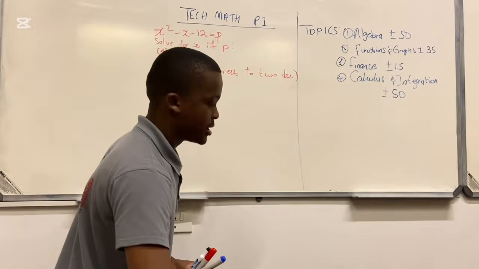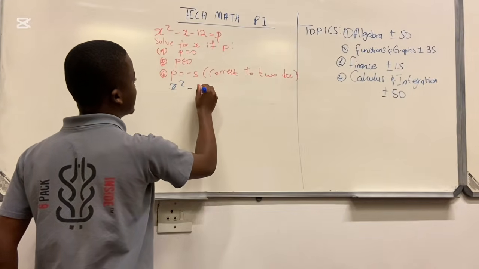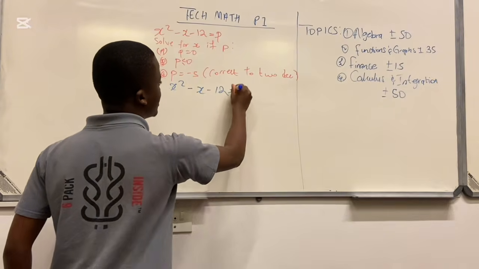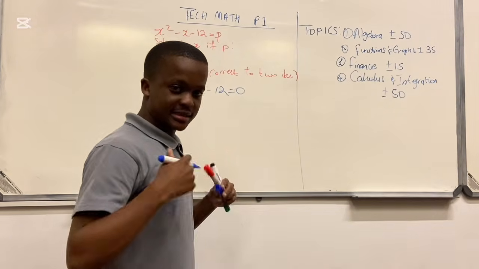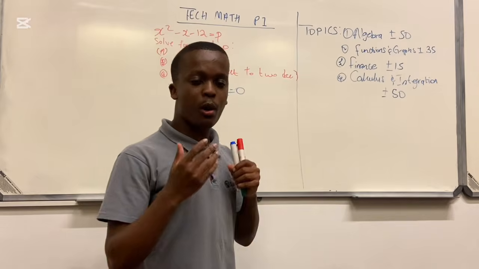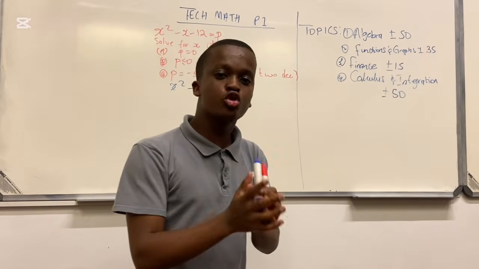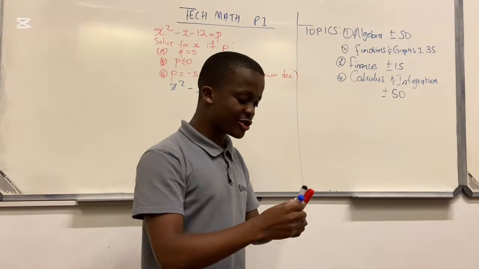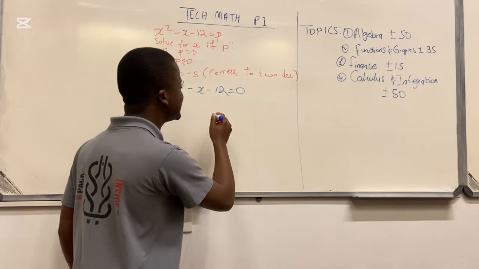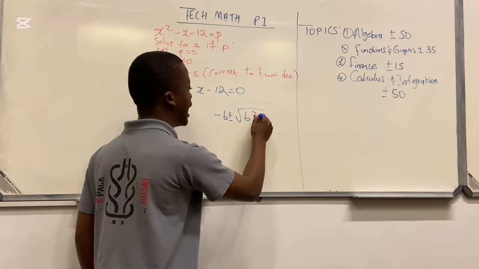Now we have x squared minus x minus 12 is equal to 0. Now, how to get the factors? In technical mathematics, if you don't know how to get the factors, go to your calculator and use your quadratic formula.